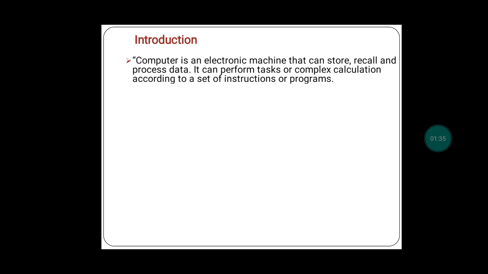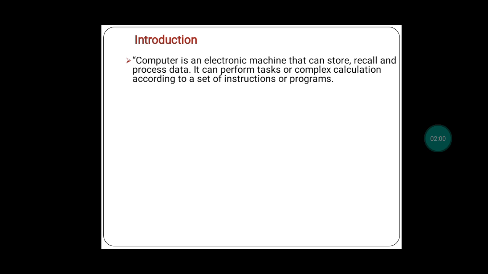What is a computer? As we saw last year, a computer is an electronic machine which can store, recall and process your data. What does that mean? In the computer you can store your data, and whatever data you have stored can be recalled, in the sense of retrieved, you can view that data and process it.